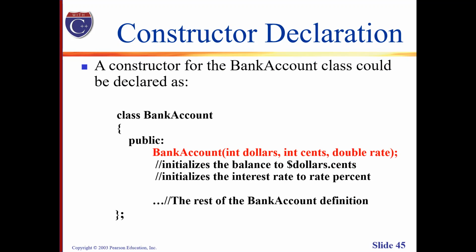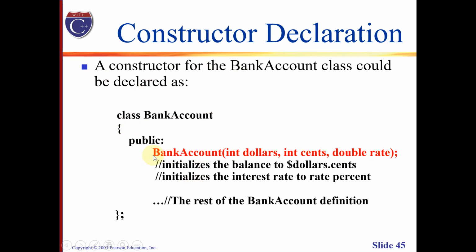So how do we declare a constructor? For example, we would like to create a constructor for the bank account class. Therefore, it can be declared as following. As you can see here, we have the same syntax for defining a class.